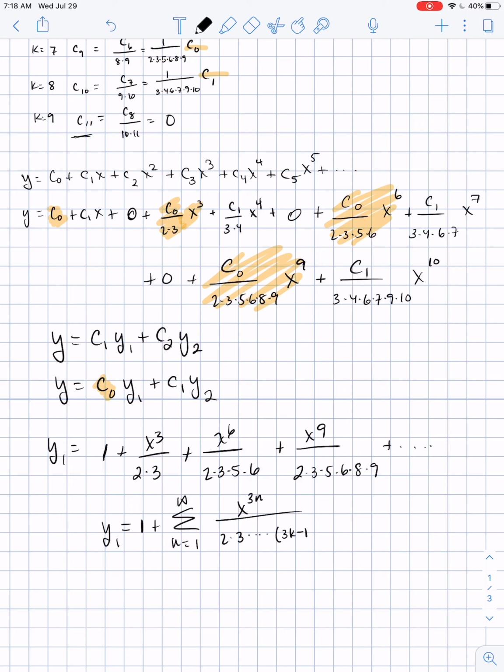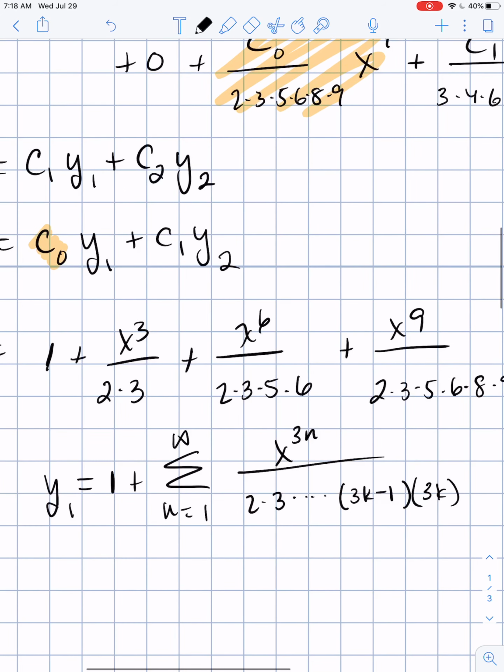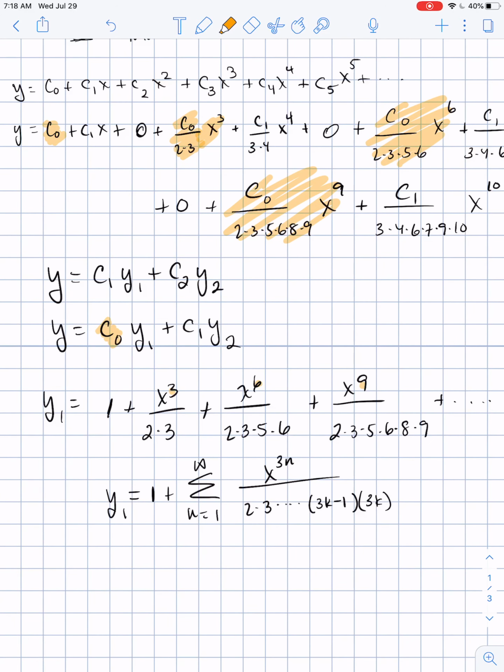Because if you plugged in 2, you would get 5, and then 3k would give you that 6. So that would be your power series for that. It just works with the exponents going by multiples of 3, and I'm doing the same thing with the denominator. Now, this is not usually asked too much to write it this way, but as long as you could get it to look like this, that's okay.